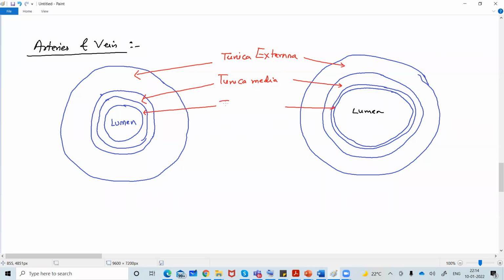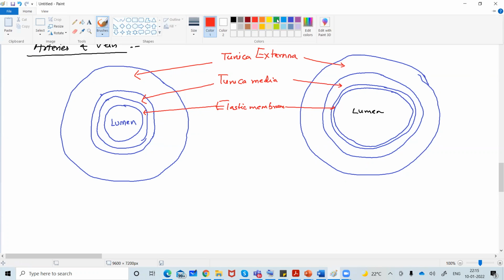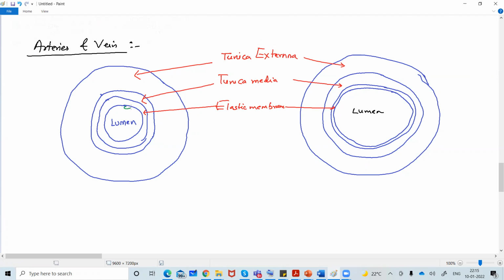This is called elastic membrane. Then there is an inner cellular layer like this. These are the cells.